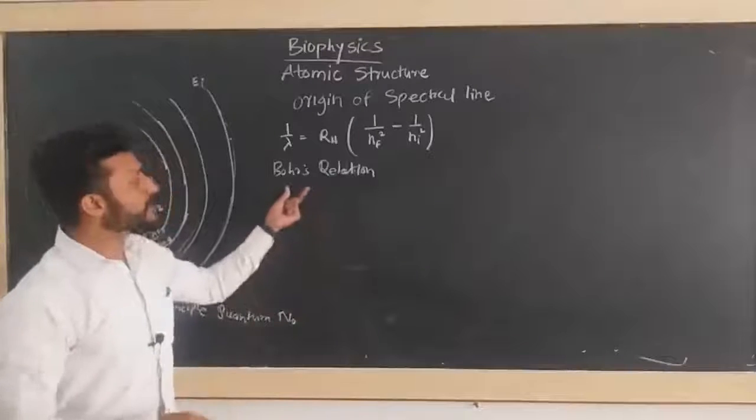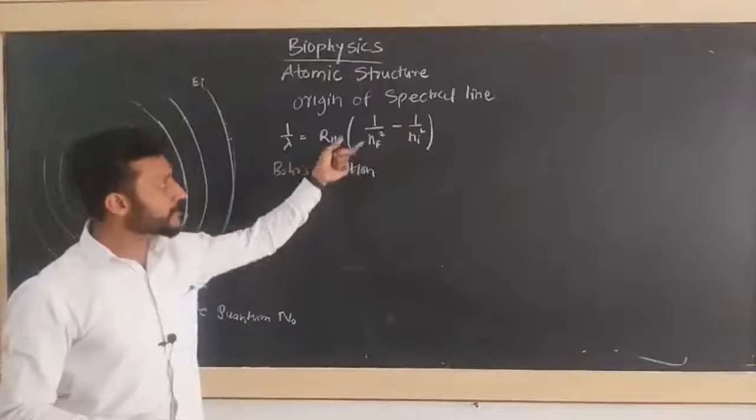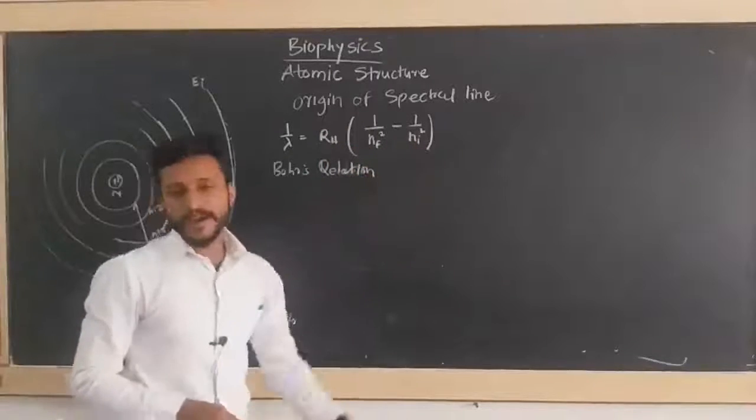So this is the Bohr's relation, 1 by lambda is equal to RH, Rydberg constant, 1 upon nf square minus 1 upon ni square.